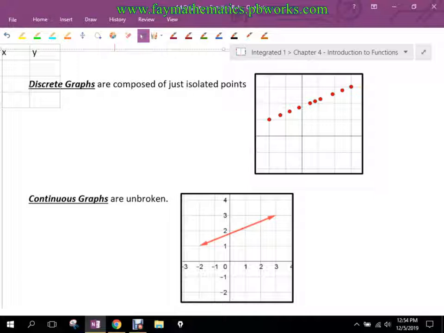What most people will argue in Algebra 1, Algebra 2 type thing, to determine if something's continuous, if you can put your finger on the furthest left part of that graph and trace the whole graph without lifting your finger, then it's going to be continuous. Does that make sense? If you ever have to lift your finger, then it's not continuous. So I'll show you a graph here that would not be continuous.